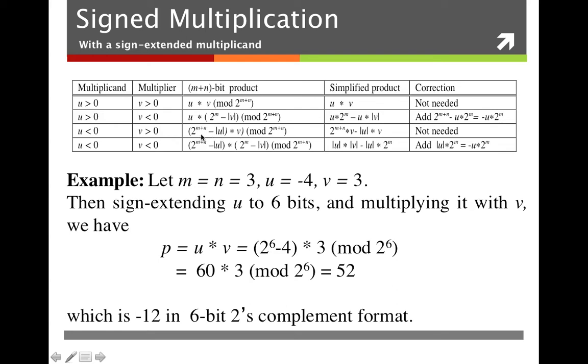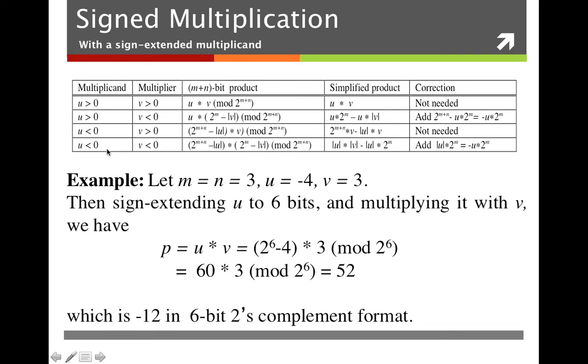Because 2 to the m plus n times v is going to give us something that is either 0, because v itself is 0, or v is greater than 0, such as 1 or 2 or 3, some number greater than 0, then this expression is going to amount to some multiple of 2 to the m plus n, which in mod 2 to the m plus n is equal to 0. So therefore, there's no need to make any correction because we got ourselves the product we needed here. This just simply gets wiped out.